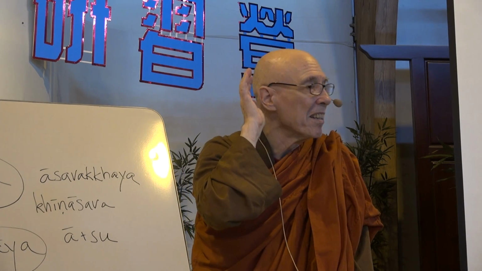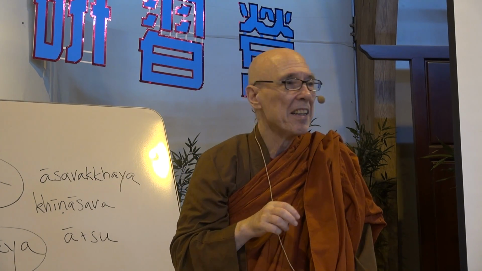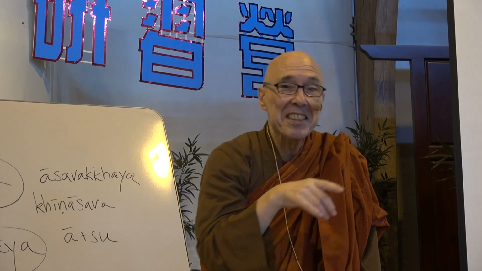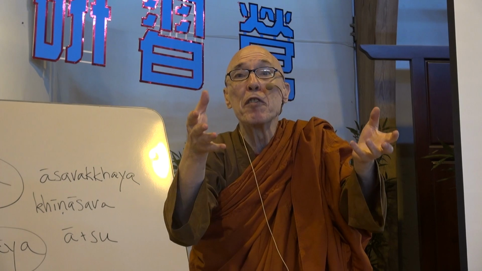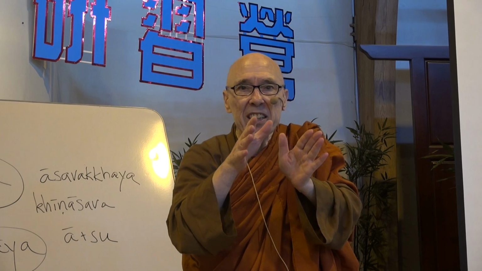Yes. The asavas are not all mutually exclusive. So both the asava of sensual desire and the asava of craving for existence are modes or manifestations of the mental factor of greed. So greed is differentiated here according to its object.